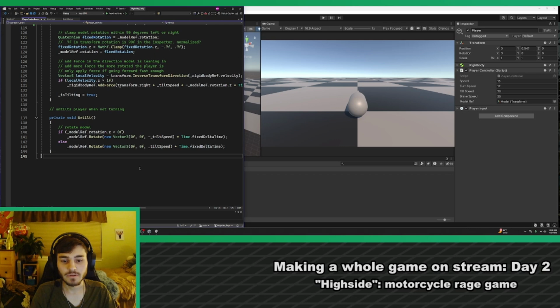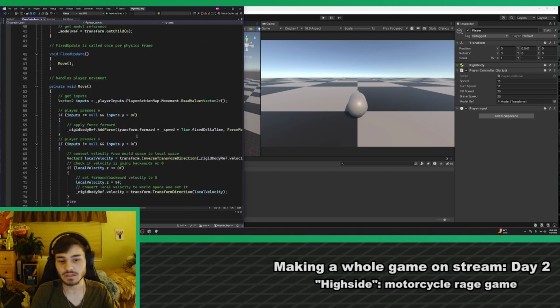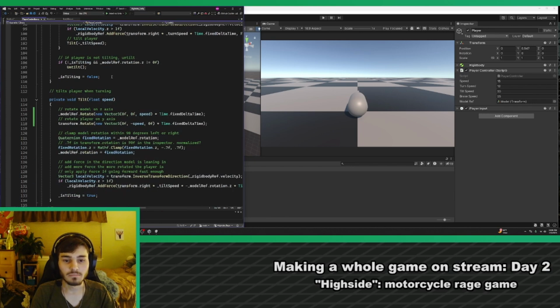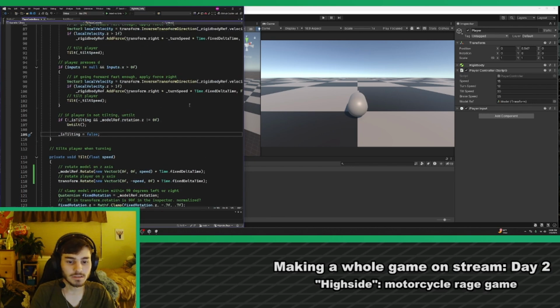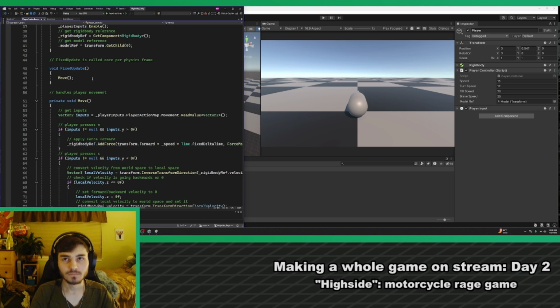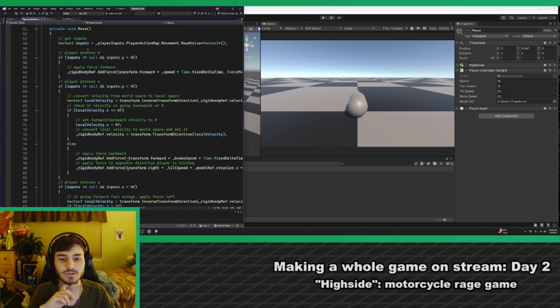Let's write a function inside of a function inside of a thing. Does it need to be in move? It does need to be in move because this is where my inputs are.